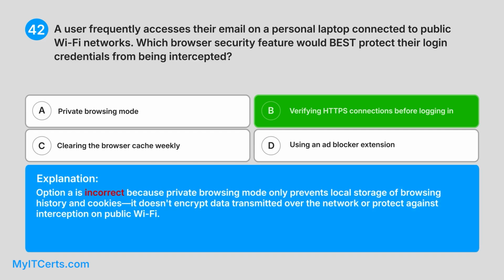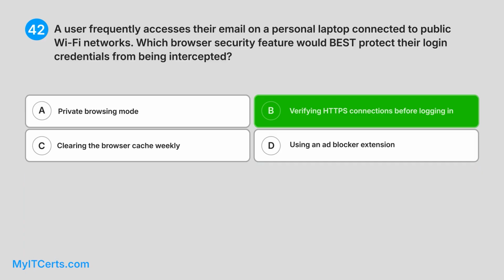Option A, private browsing mode, is incorrect because private browsing mode only prevents local storage of browsing history and cookies. It doesn't encrypt data transmitted over the network or protect against interception on public Wi-Fi.